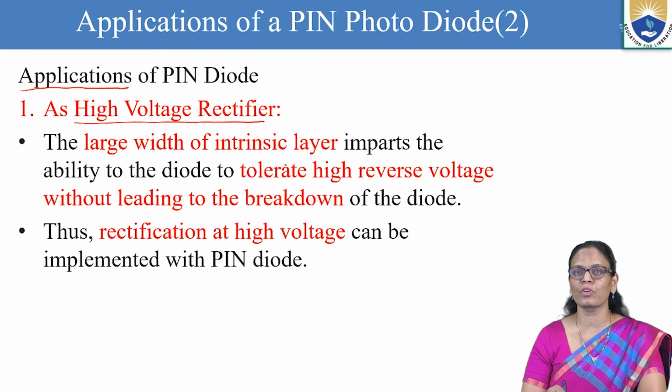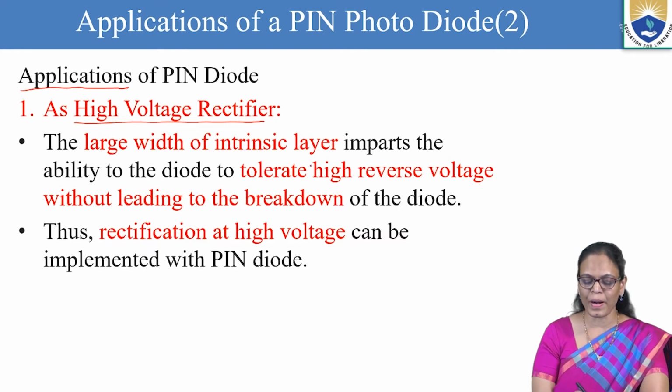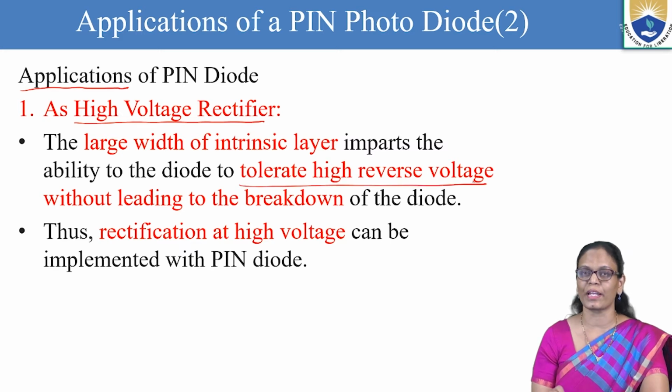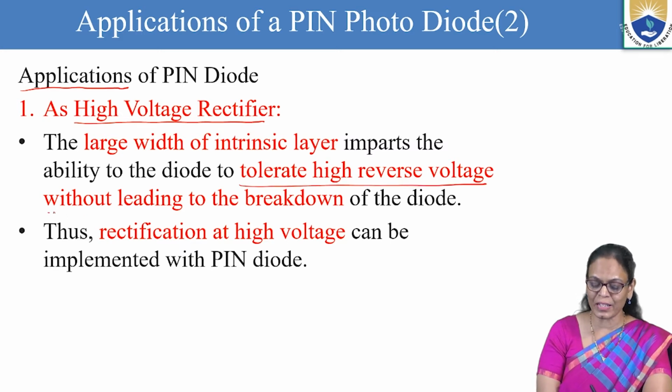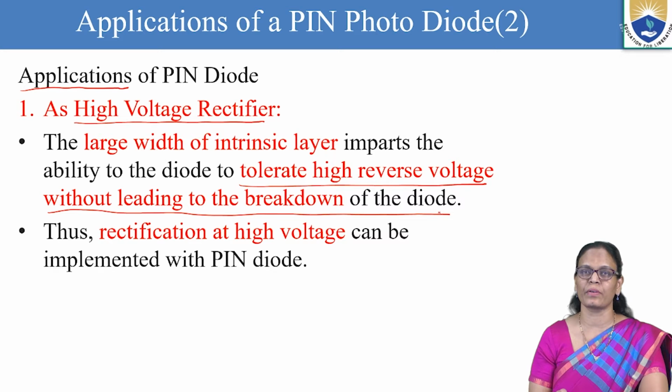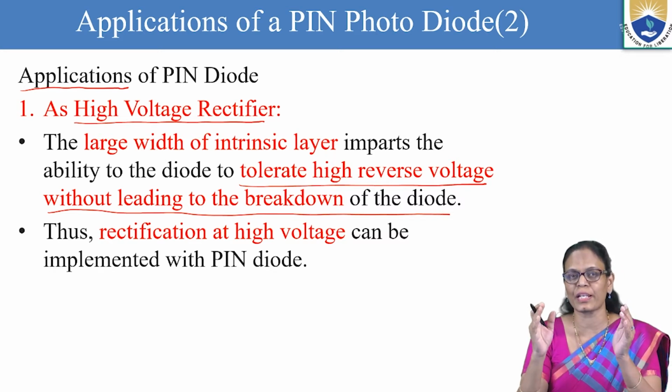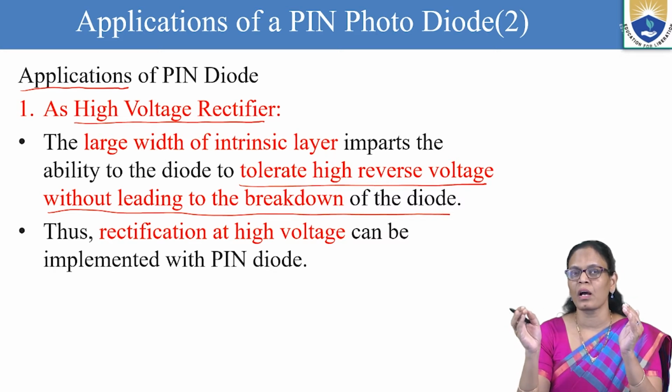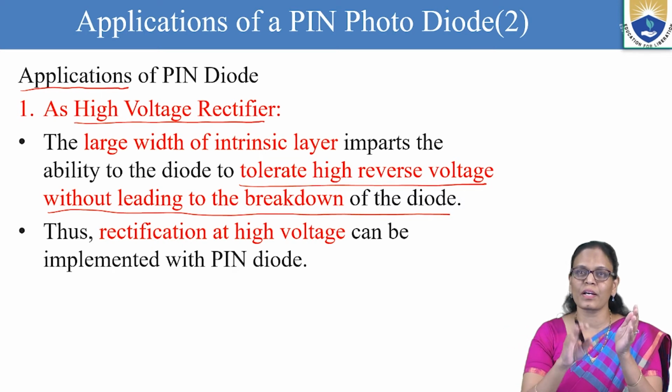The large width of the intrinsic layer gives the diode the ability to tolerate high reverse voltage, and it does not lead to the breakdown of the diode. Because the width of the depletion layer is very large, it can withstand more reverse voltage.